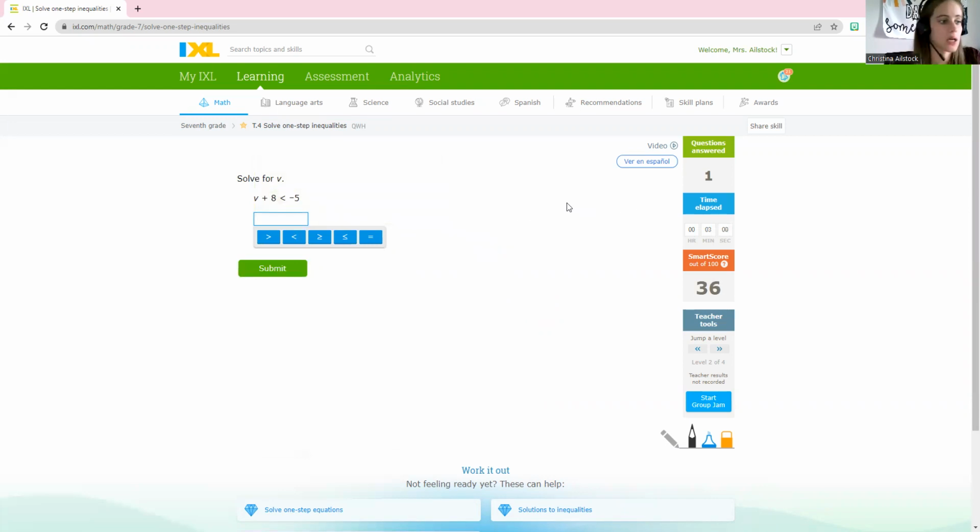Let's try this one. Solve for V. V plus 8 is less than -5. If it helps, I find this helps more later when the problems get more difficult, but it could be a habit you want to start now.